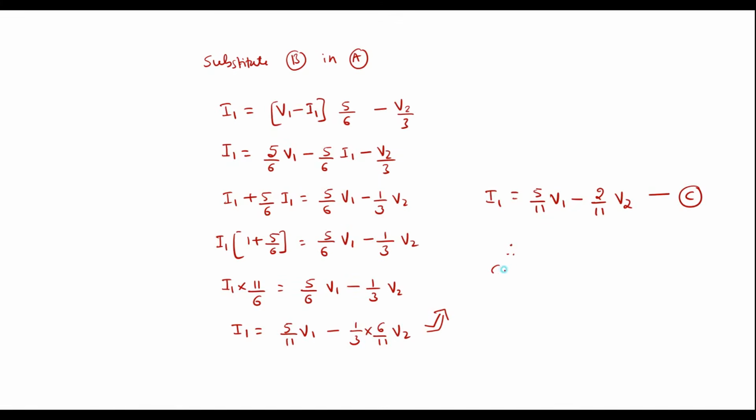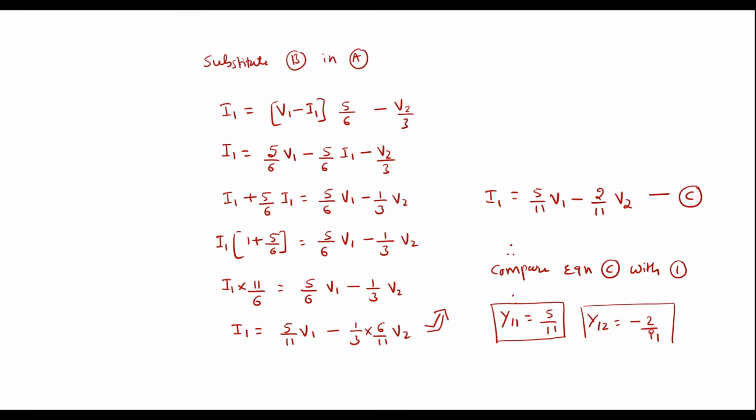Therefore, comparing equation C with equation 1, we can write Y11 is equal to 5 by 11, Y12 is equal to minus 2 by 11. So these are the first two parameters.